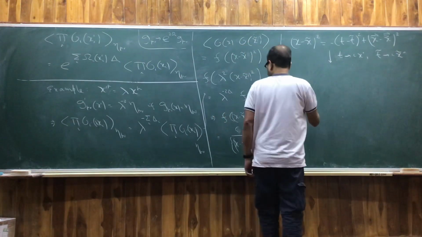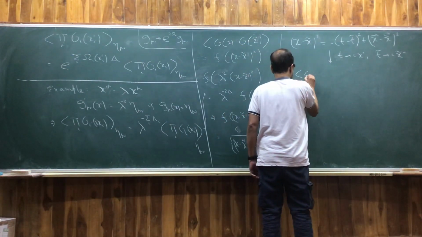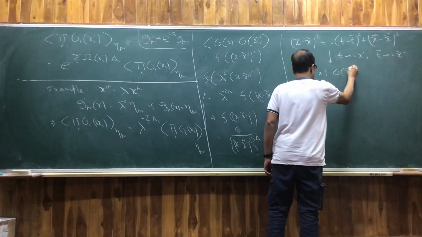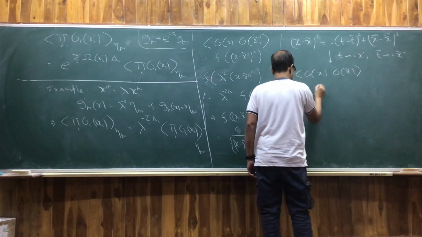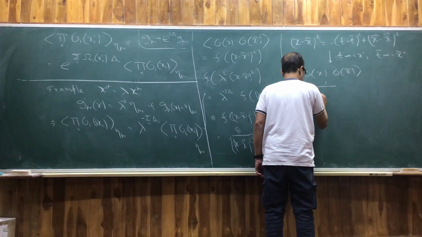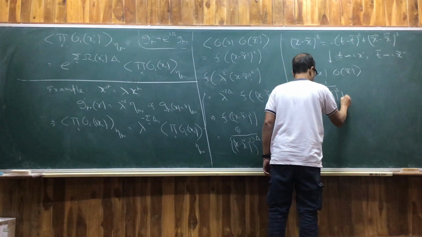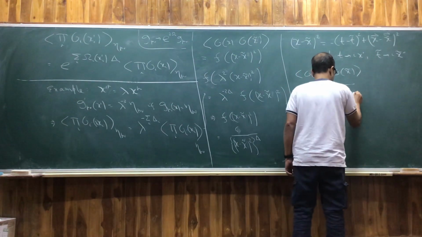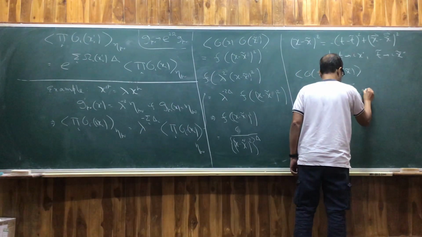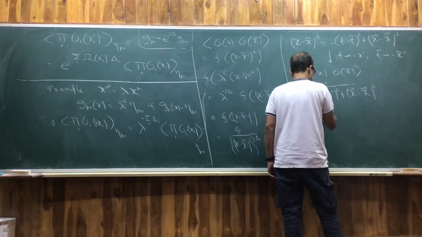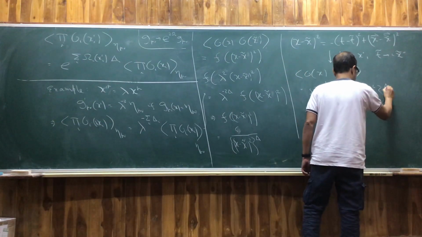And then in this, O(x) O(x tilde) will be given by 1 over x0 minus x tilde 0 squared plus x minus x tilde squared, to the power delta.